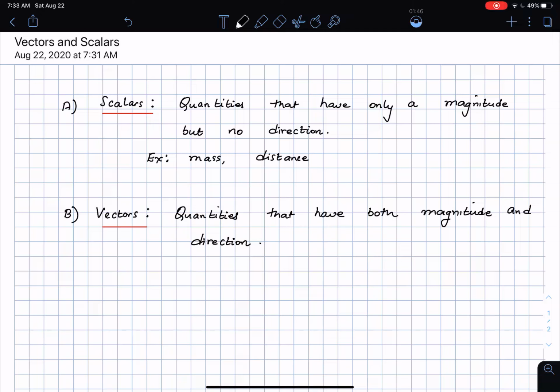The most important vectors that we will come across in statics are force and the derivative of a force, which is a moment. When I say derivative, it is a quantity that is derived from the application of a force on a body. Okay, so the examples that we typically come across are force and moment.